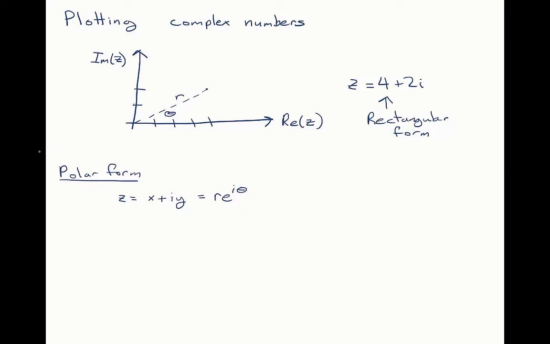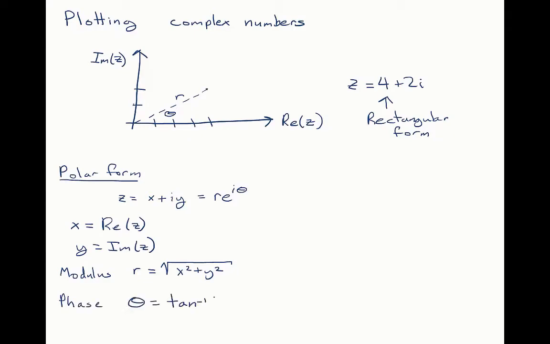To write everything out a little bit formally, x is the real part of z, y is the imaginary part of z. The modulus r is the square root of x squared plus y squared. It's a right triangle. The phase, you just have to do a little trig to figure it out, same as with vectors.